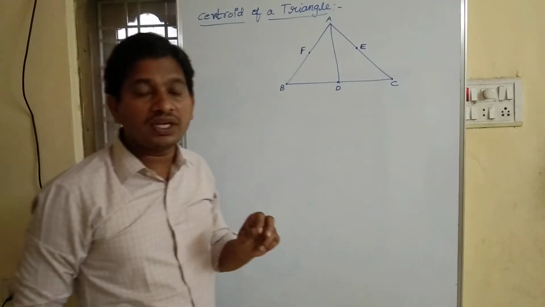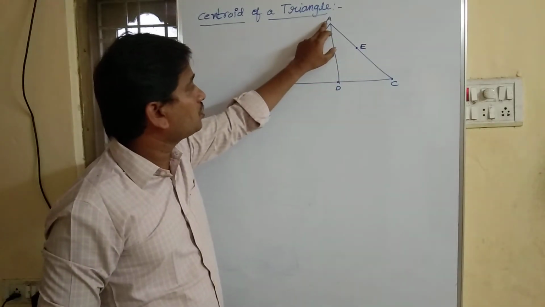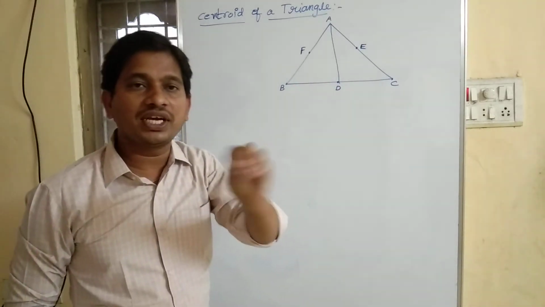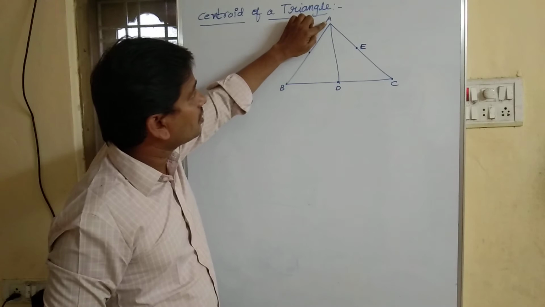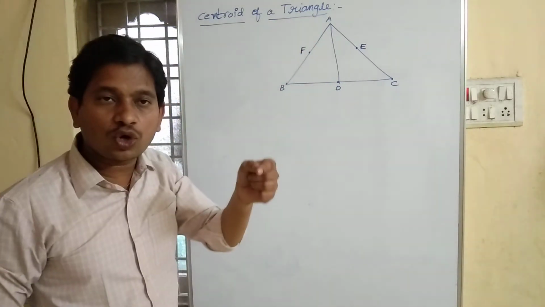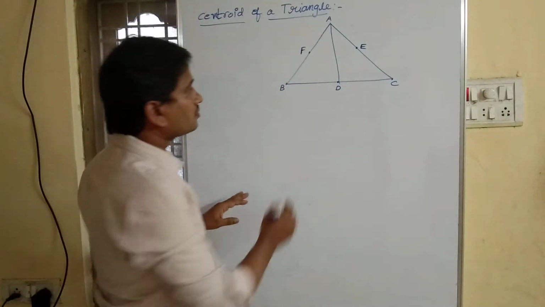What do you mean by median? A line segment joining a vertex to the midpoint of its opposite side is called its median. So here AD is a median, children.